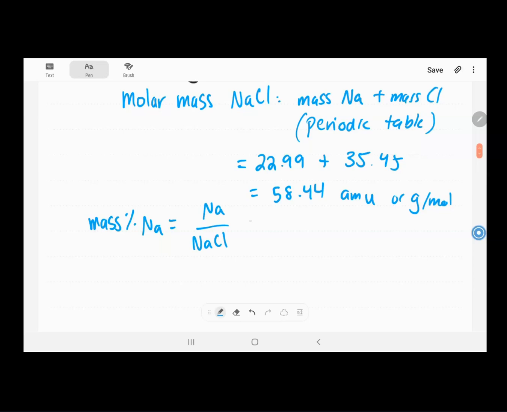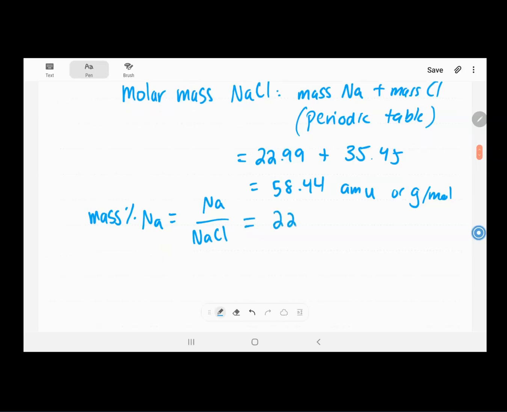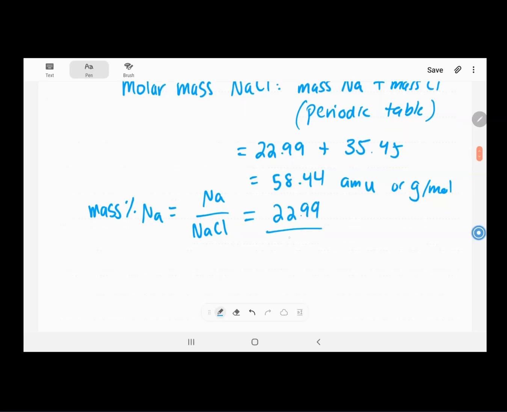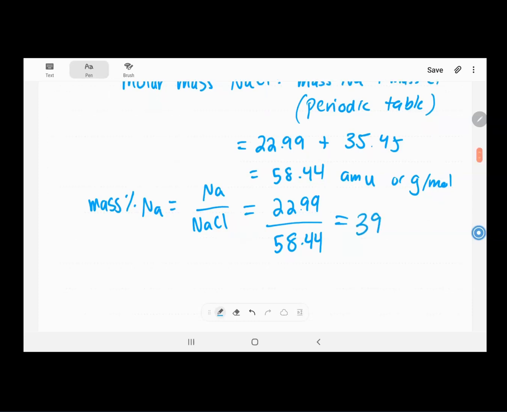In this case, using the molar mass, that'll be 22.99 over 58.44. Great, so that's about 39%, or 0.39, whichever way you want to type it.